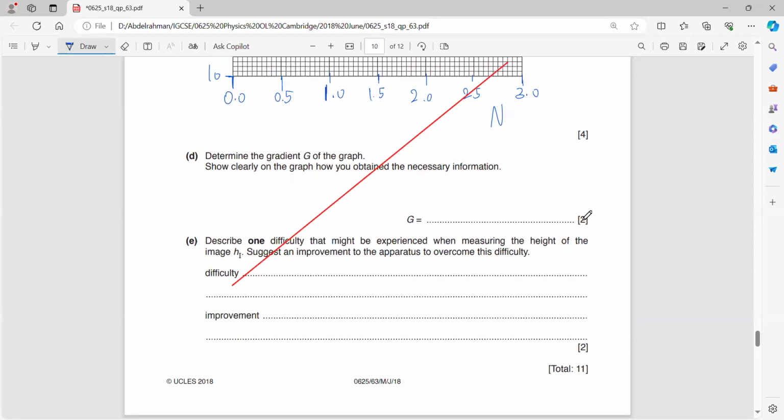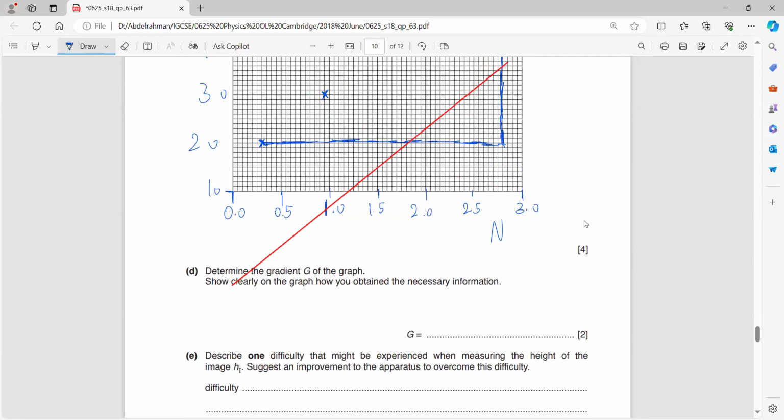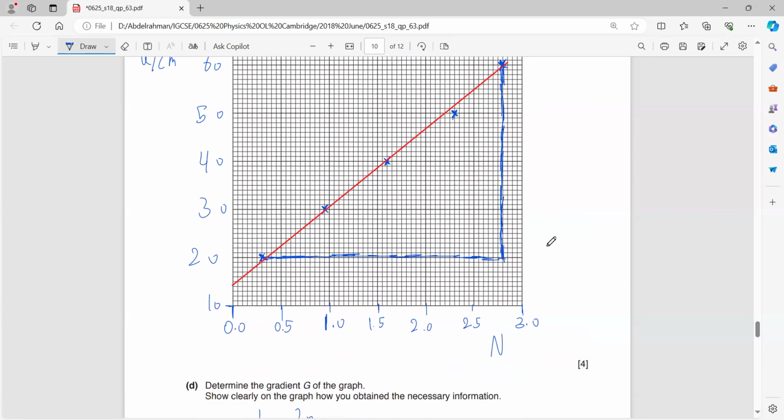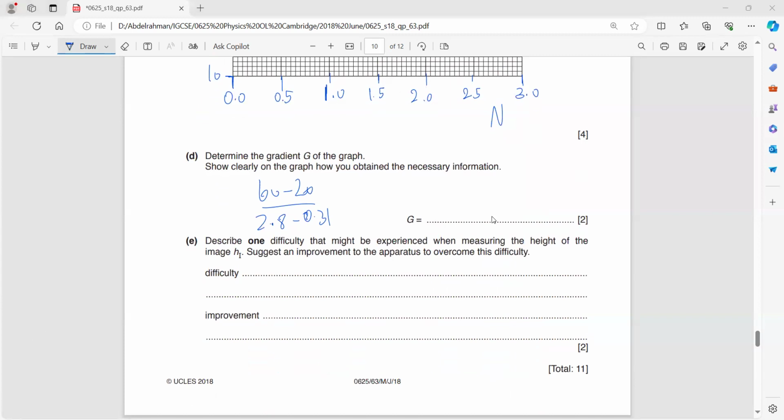Can I calculate it? Yes, I can calculate it. 60 minus 20 over 2.8 minus 0.31. It would be around 60, I guess. The gradient should be around 60. What's the gradient? Did someone calculate G?